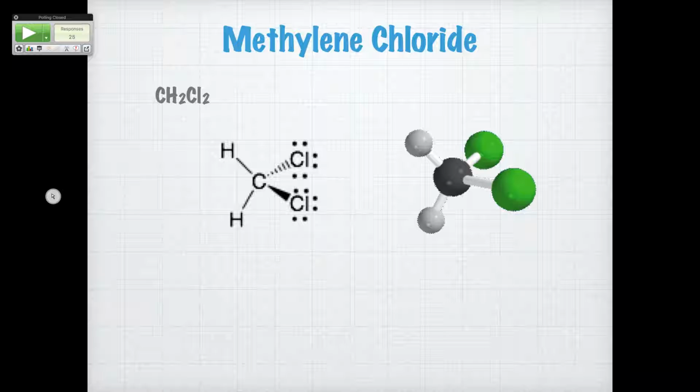Is that compound polar? Yes, because they're at an angle. They're not linear, they're at an angle. So if you're pulling this way and you're pulling this way, which way do you go? You go that way. I could feel the pull. So there's your vectors, so there's your polarity.